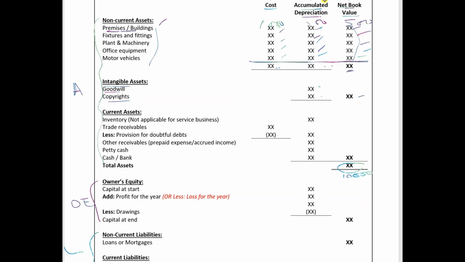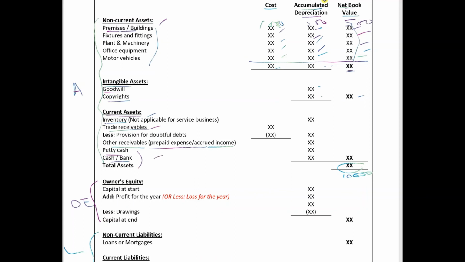And next, current assets, as we have already talked about, there will be the three main ones, which will be the inventory, or we call the stock, the trade receivables, and the cash. Other receivables, this topic we have not yet covered, so we'll come back to this. The more prominent ones are the inventory, the trade receivables, and the cash.